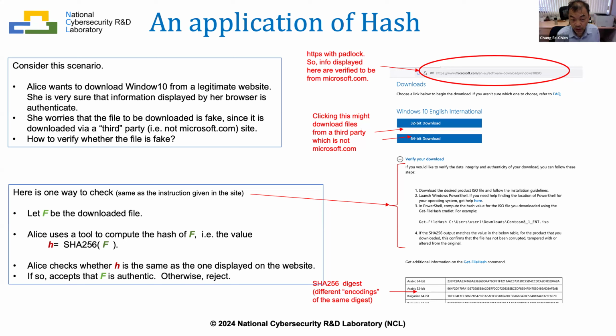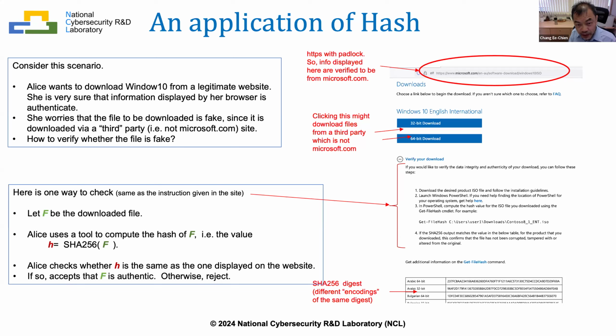Could the file be modified by some third party so as to contain malware? I guess we have this experience when we download games and so on. When we download a file and store it, we start to wonder, is the downloaded file the correct one, legitimate? Would it contain malware?